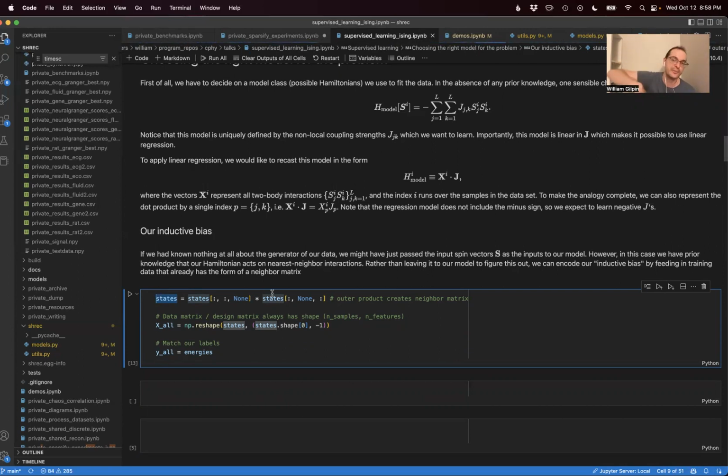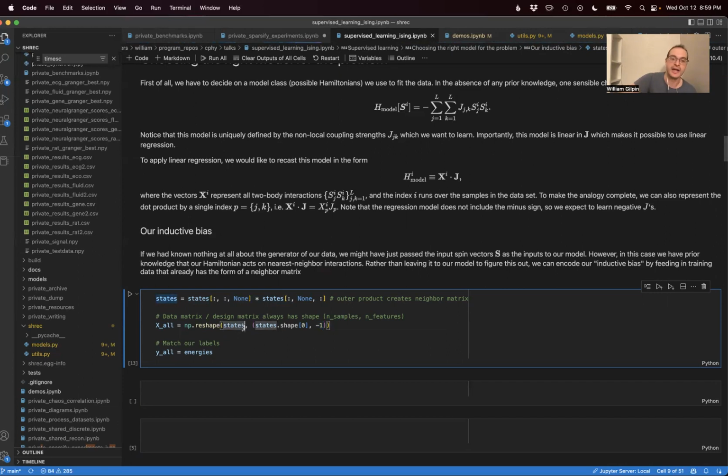So I've kept all the information on my microstates extruded to the outer product. I've just flattened it because it makes more sense usually to have all of your features along one axis, and then your other axis is going to be the different samples that you have. So I take my outer products, then I flatten back down here.